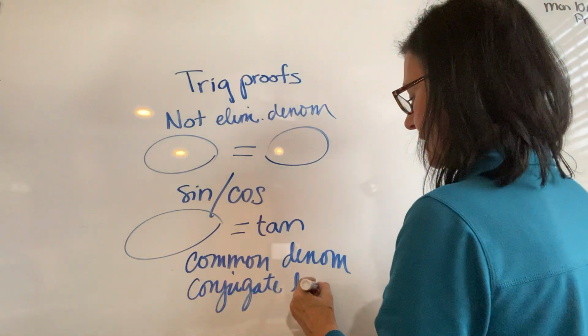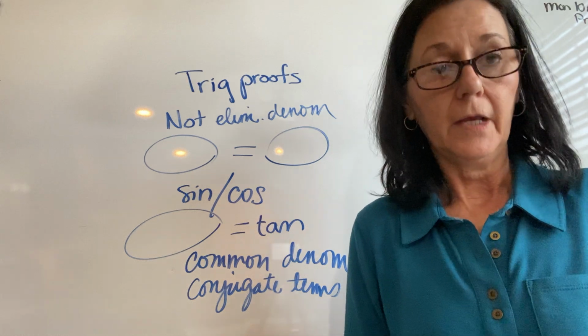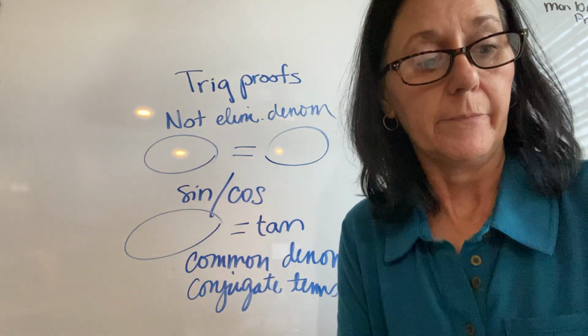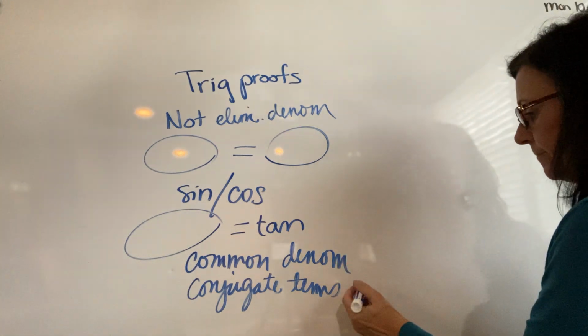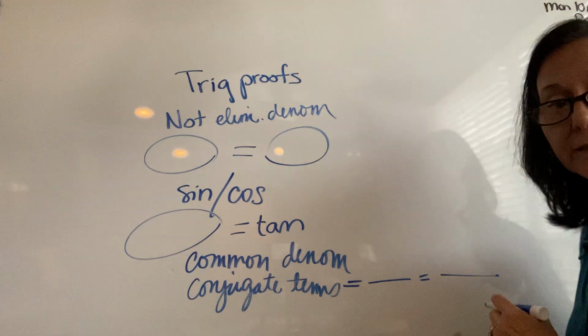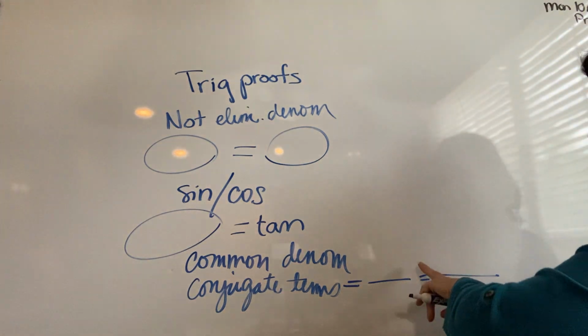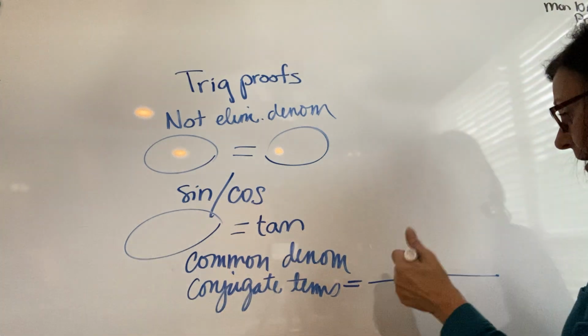You'll see this as we walk through the proofs. Particularly, I'm going to look for conjugate terms, and there are two examples just like this. So I'm looking at my extremes and my means. I'm so glad I taught you guys that, right?